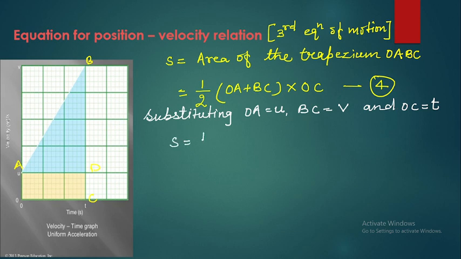S is equal to half of v plus u into small t. We can interchange both terms because both are in addition. Equation number 5.